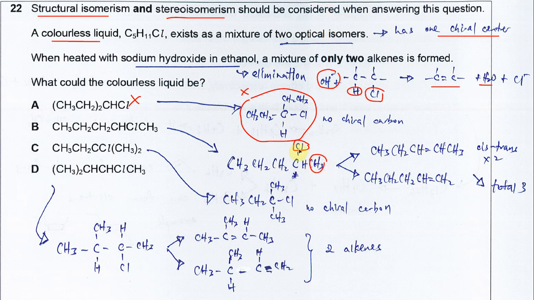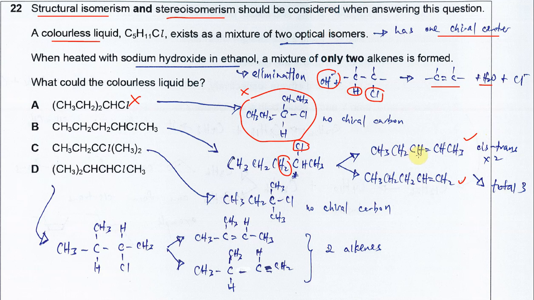When this chlorine is removed with this hydrogen, this alkene is formed, and it's only one. When this chlorine is removed with this hydrogen, it will form this alkene.